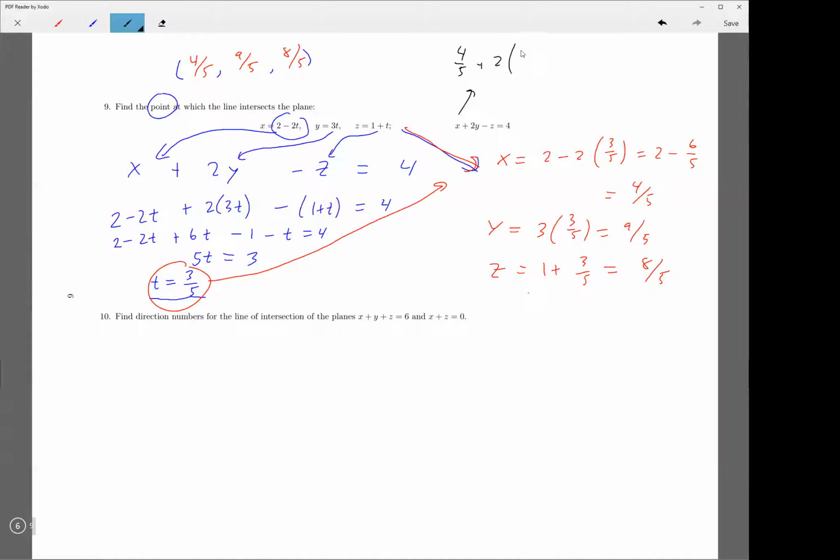But it looks like they don't work, because they said the answer was wrong. So if I plug it into the left-hand side, I get 4/5. T should be equal to 1.